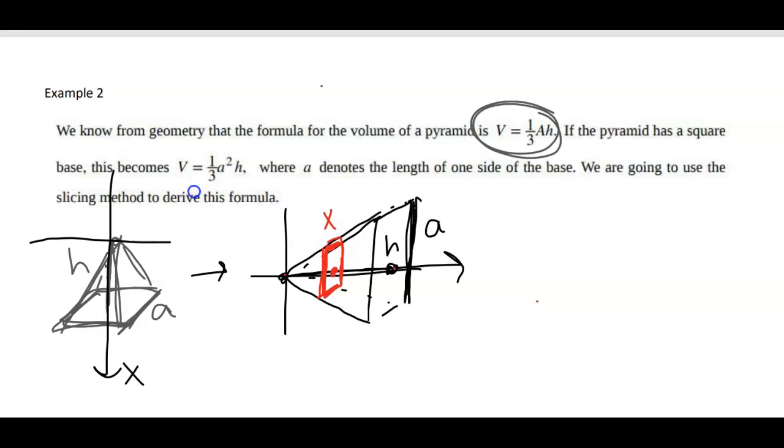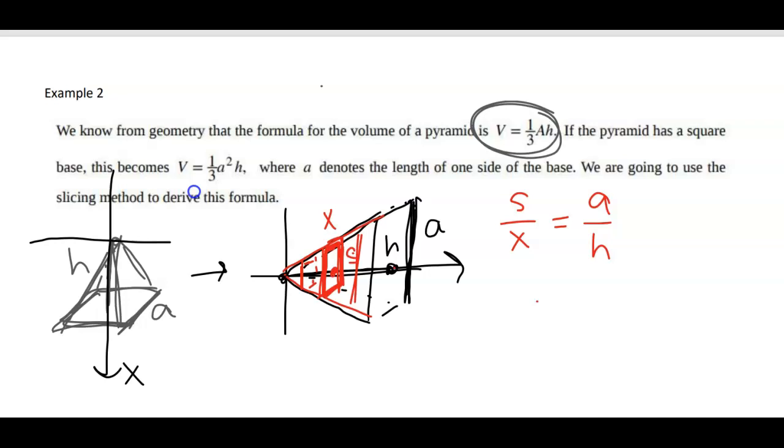And then I'm going to call this height s for side. Now, it is true that proportionality exists here. So s over x must be proportional to a over h.